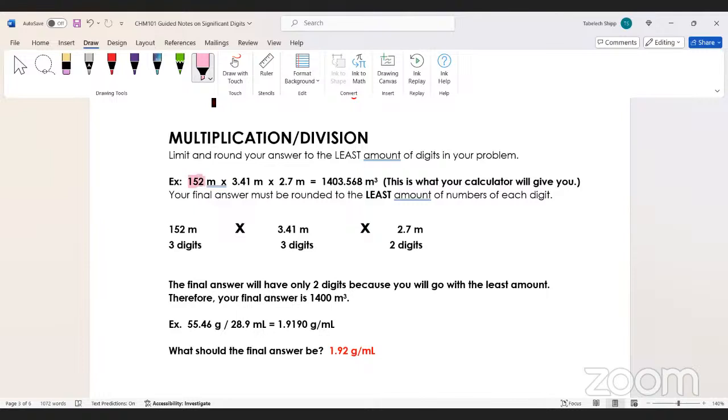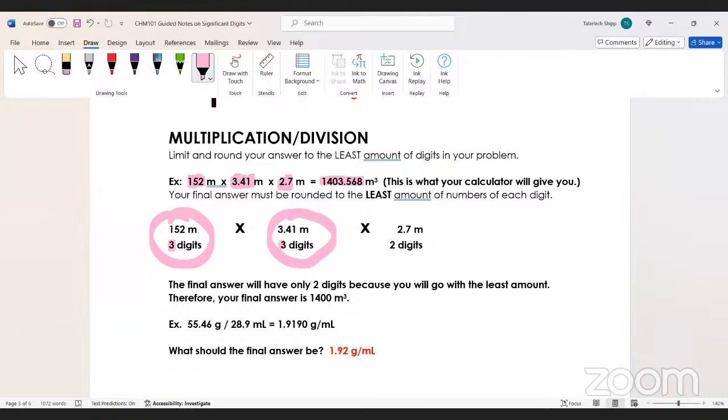So that means if I multiply 152 times 3.41 times 2.7, my calculator is going to give me this big number right here. But according to the significant digits rules, you have to go by the least amount in the entire number. Right here, I have 3 significant digits.